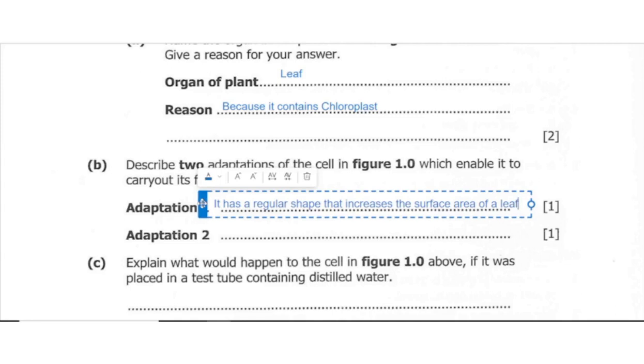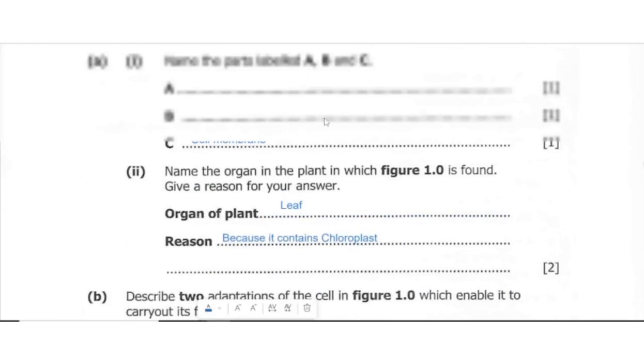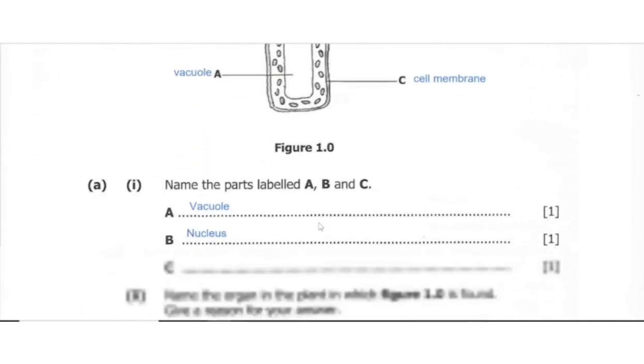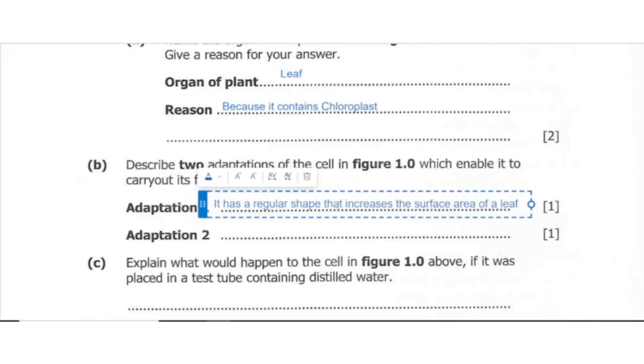So one of the reasons why the leaf has this regular shape and is big in size is that it wants to trap sunlight, and when the leaf is trapping sunlight, the leaf should be broad enough so that it can trap enough sunlight.